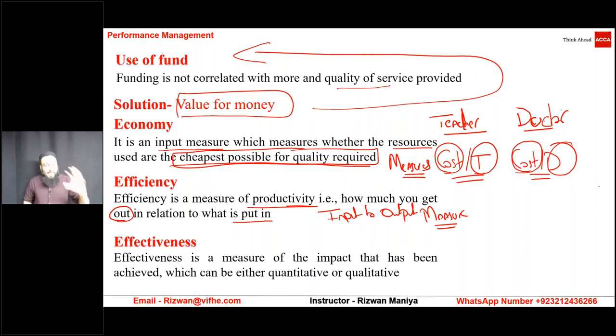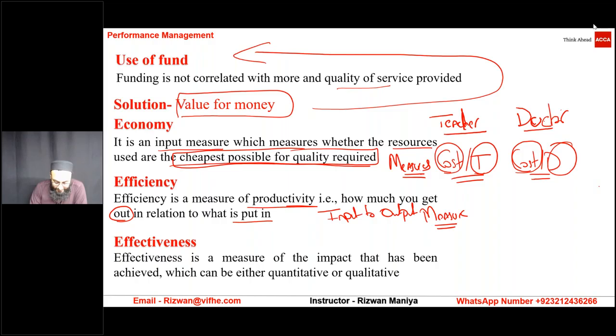So in efficiency, what we consider is input and output relationship. That is how much output your resource is actually giving you, and that output should be the best maximum output. Okay, best maximum output. So this is efficiency. Now how to measure this?